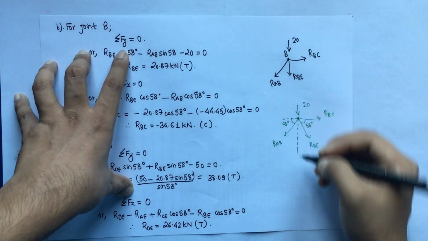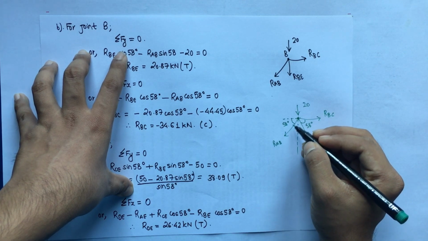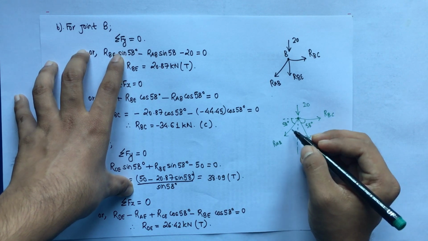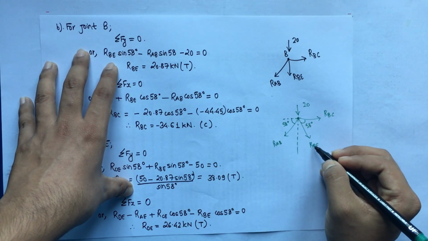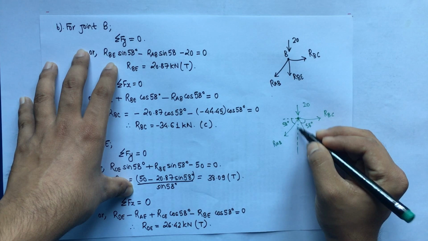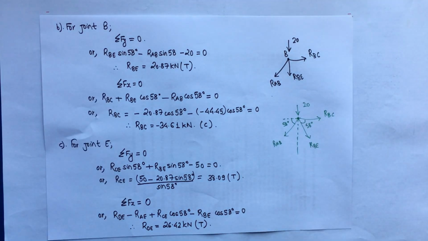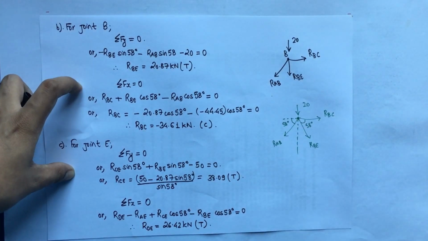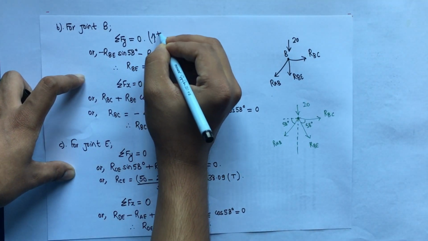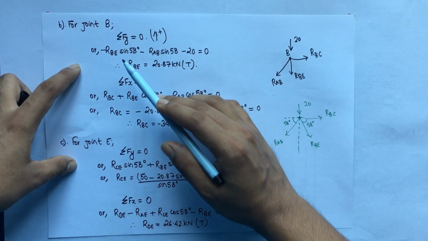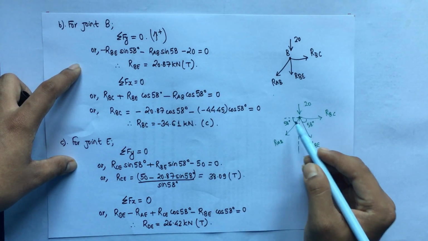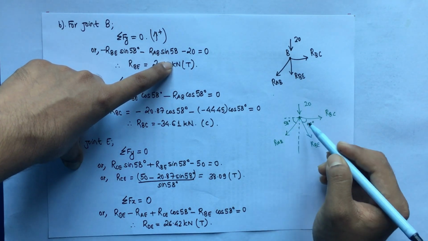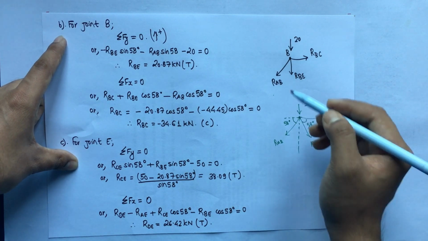So considering vertical component, that is the normal component for the inclined member, we'll take the sine component. Firstly for RBE, considering this direction, this will be negative, considering downward direction, taking upward positive, so minus RBE sin 58 degree minus RAB sin 58 degree minus 20 is equal to 0. So all the forces are in the downward direction.